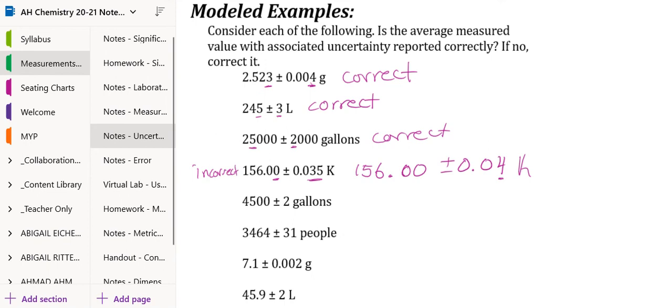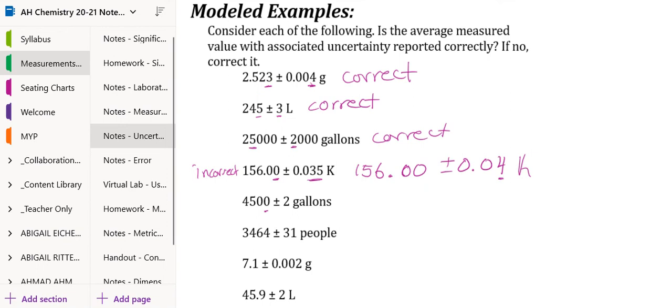Does that make sense? Yes? Okay, what about the next one? Does my uncertainty have one significant digit? Yes. Is that one significant digit in the last significant digit of my measured value? No. So here, something went wrong.